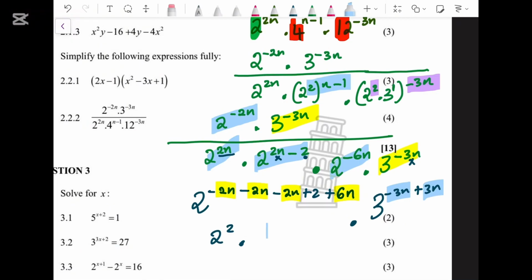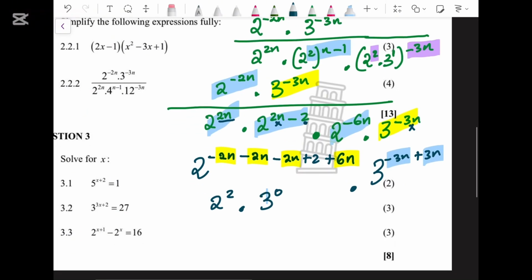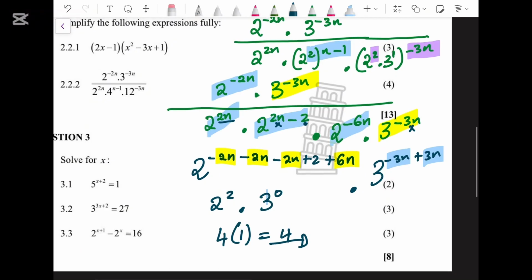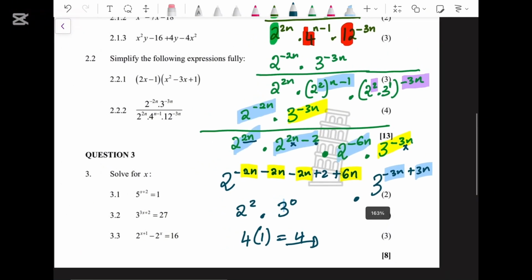So we have times 3 to the exponent 0. So 2 to the exponent 2 is 4. 4 times 3 to the exponent 0. It will be 4 times 1. The answer is 4. And then let's move to the next one.